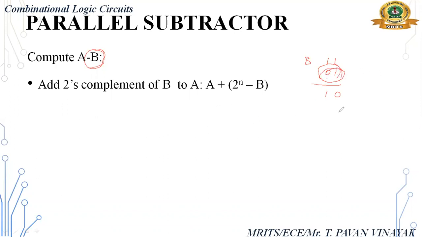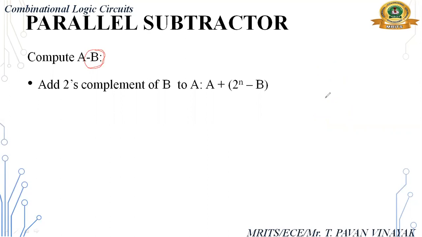So complement means we use what? One NOT gate, right? You use a NOT gate here, and then perform the addition operation, right? The addition is given to the first bit, the LSB.